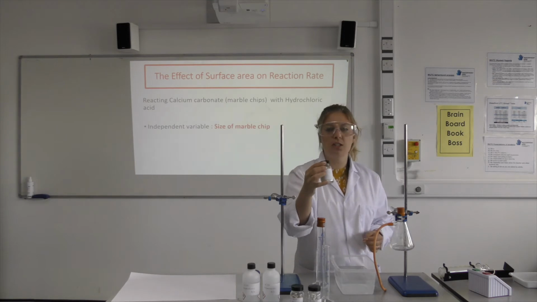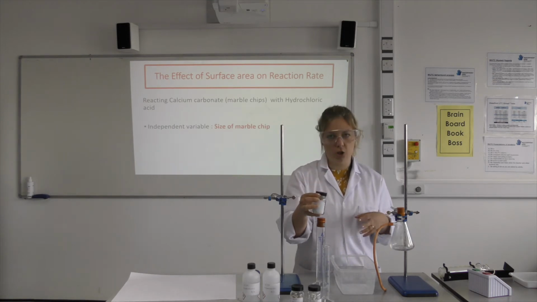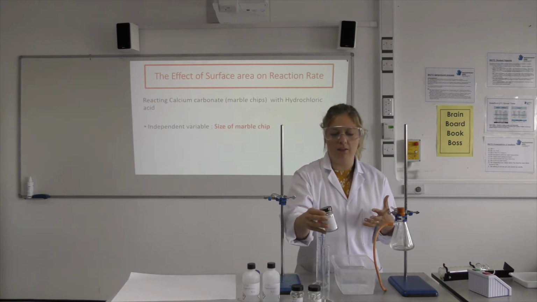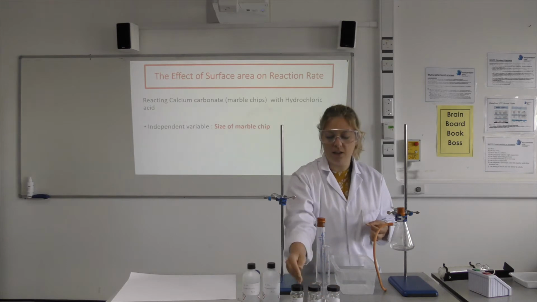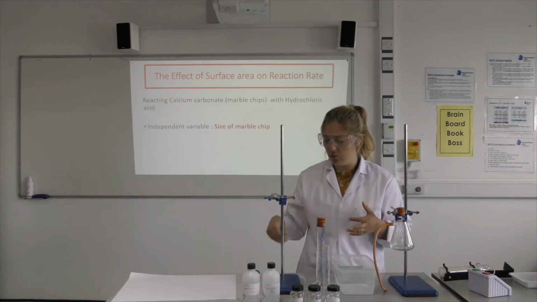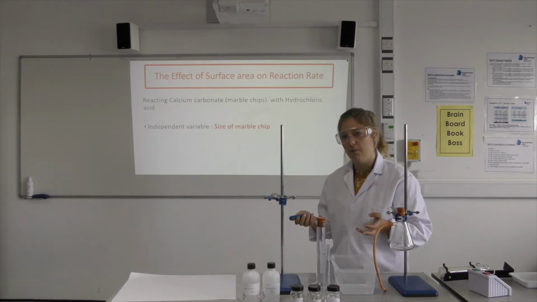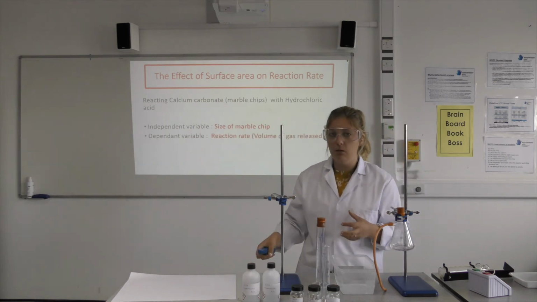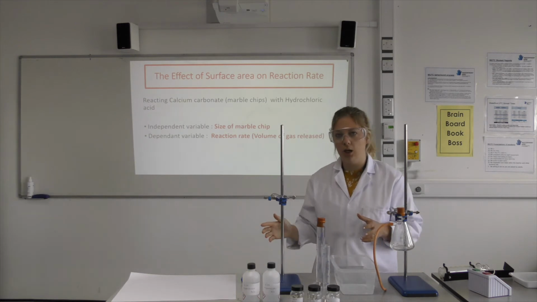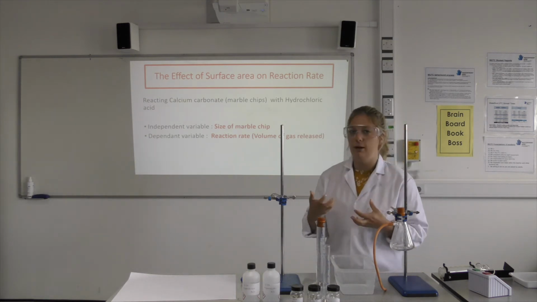The smaller the size of particle, the larger the surface area. Remember I was telling you about the effect of surface area on rate of reaction. Have a think, which one of these three do you think you would see the fastest rate of reaction? And the dependent variable, remember that's the variable that we measure, is going to be our reaction rate.